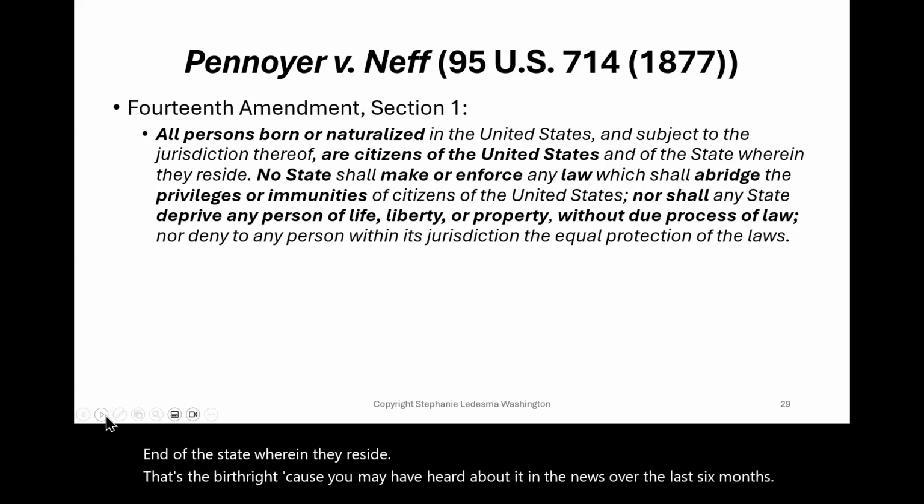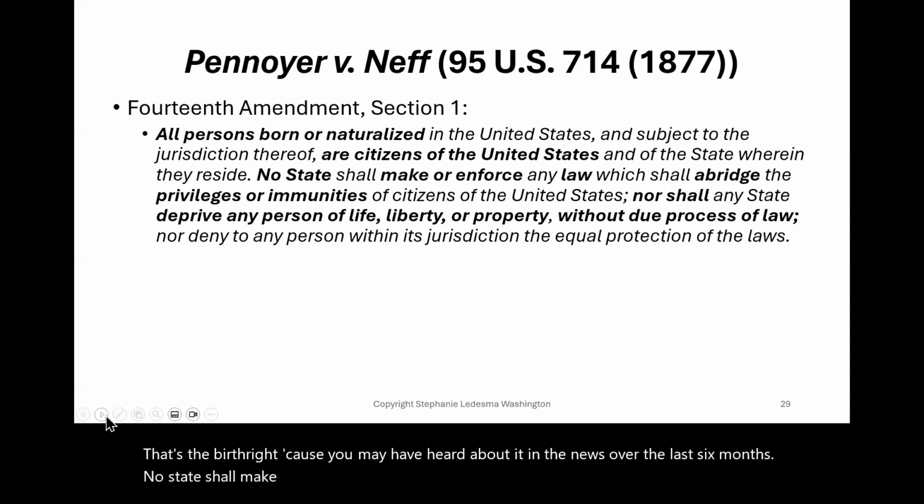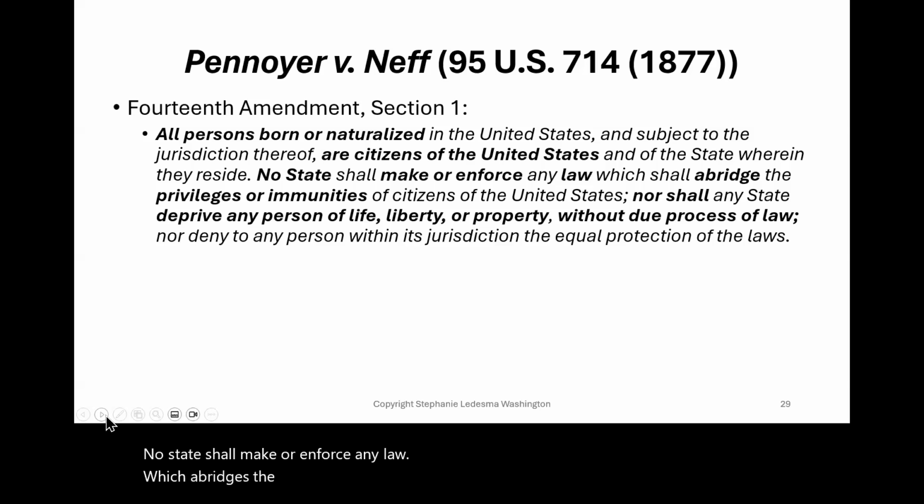No state shall make or enforce any law which abridges the privileges or immunities, nor shall any state deprive any person of life, liberty, or property without the due process of law. There it is, right there.